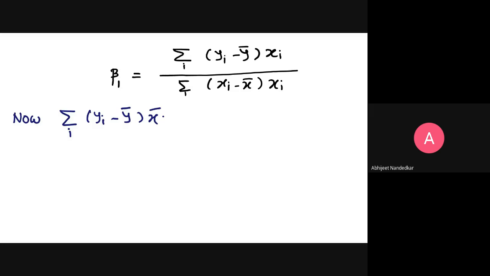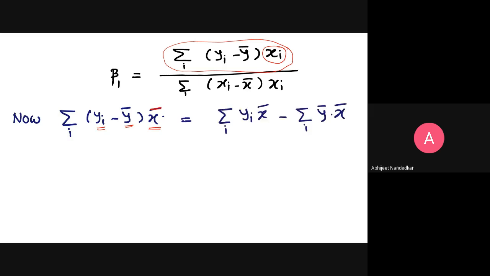Now we are using the fact that summation over i of y minus y bar, in brackets, multiplied by x bar, looks the same as the numerator. Instead of xi, I am writing here x bar. If I simplify further, I take this x bar inside. So this will be yi into x bar, with the summation remaining like this, minus summation again of y bar into x bar.